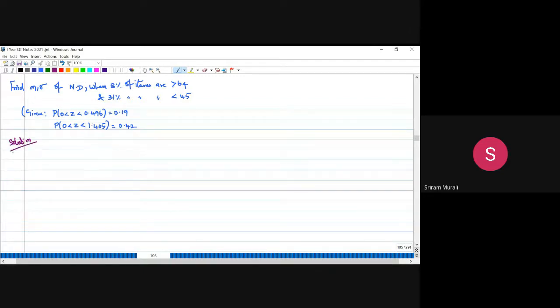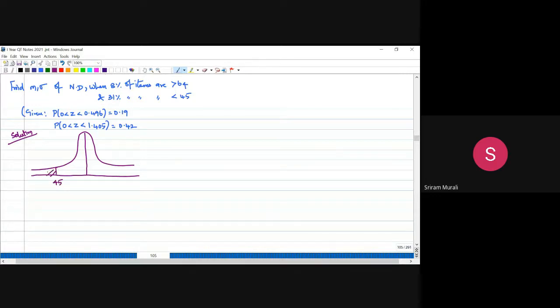Solution. Just draw the diagram. 64 will come with side. 45 will come.